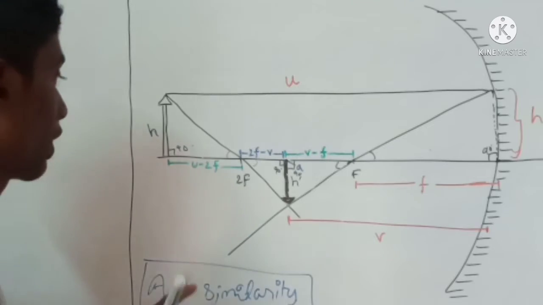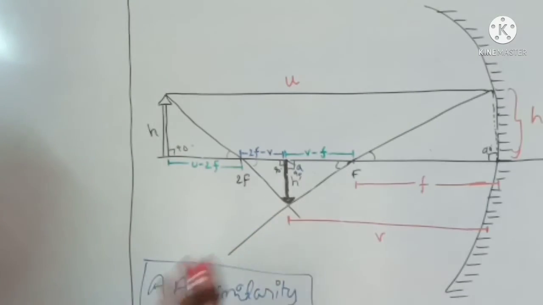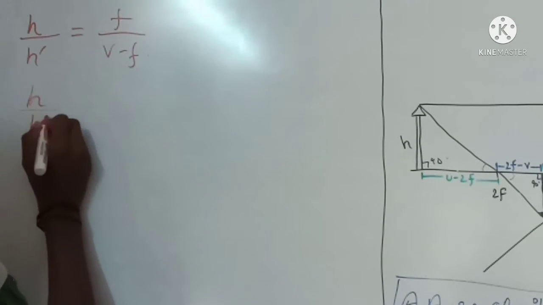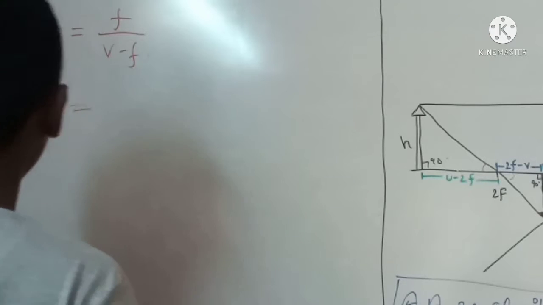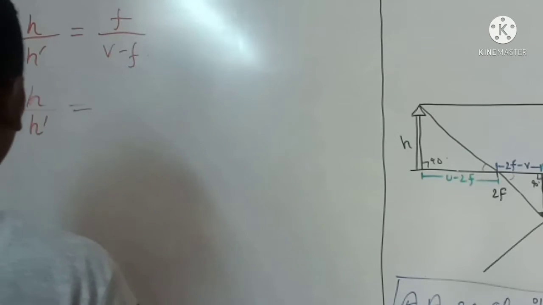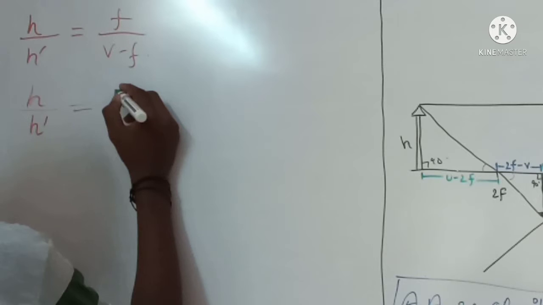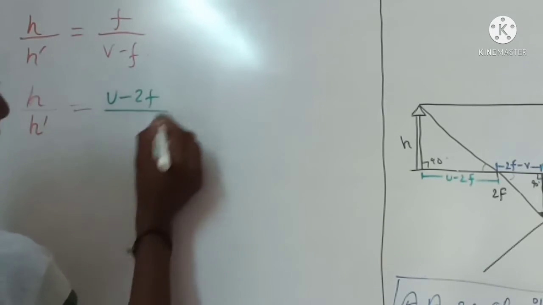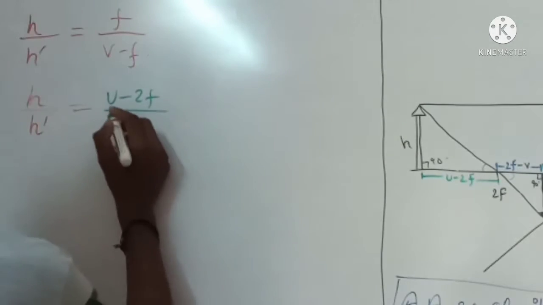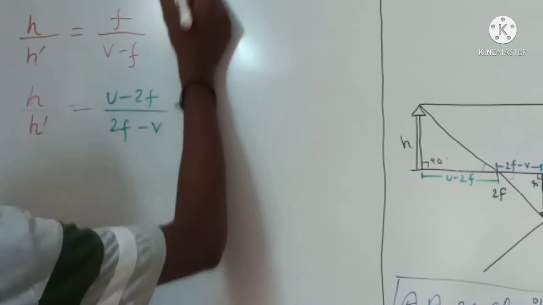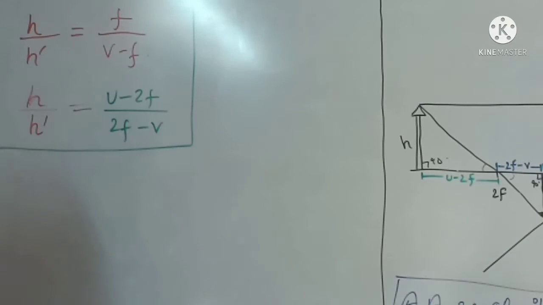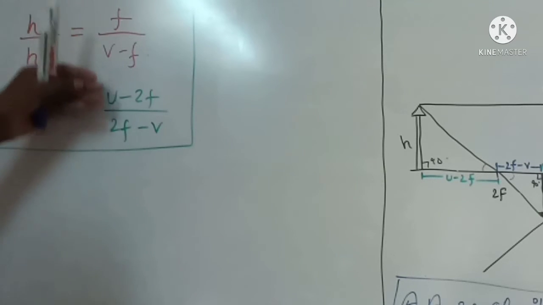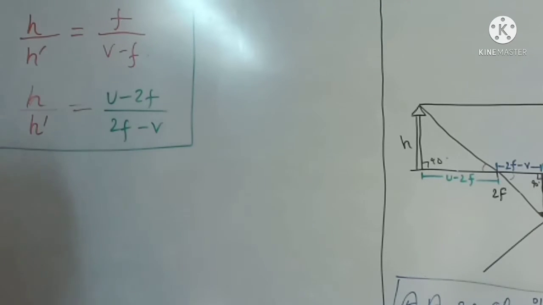So by AA similarity they are similar, and we can write the proportional sides: h by h dash is equal to u minus 2f by 2f minus v.